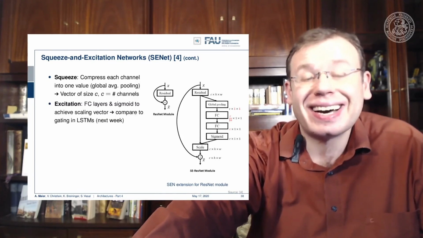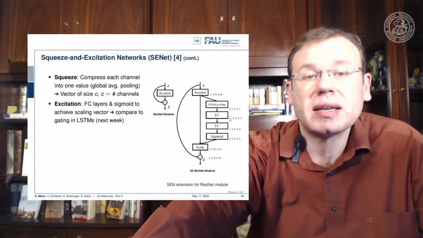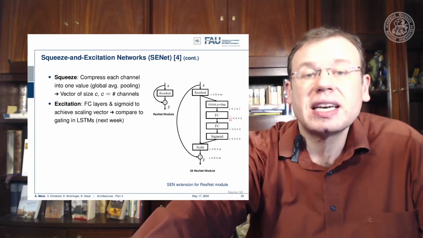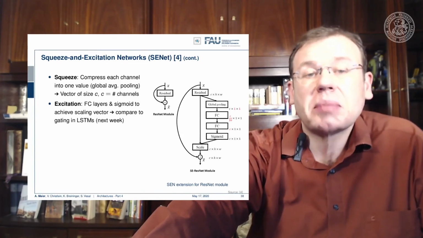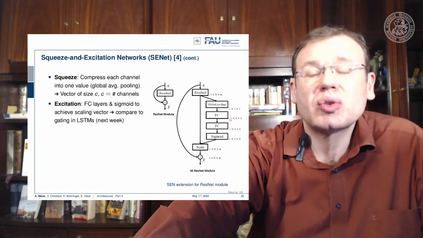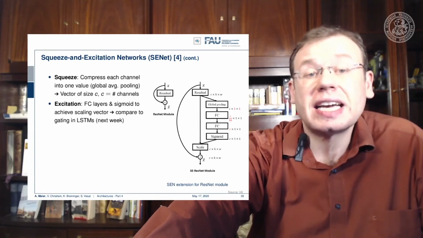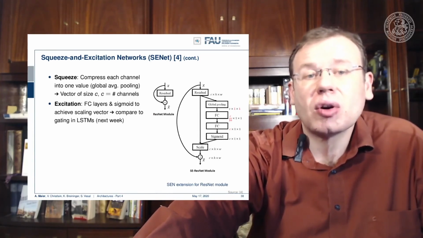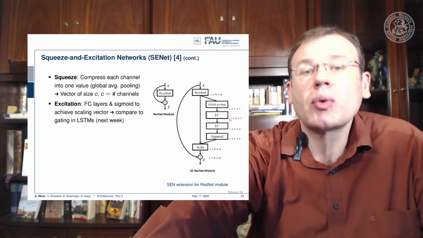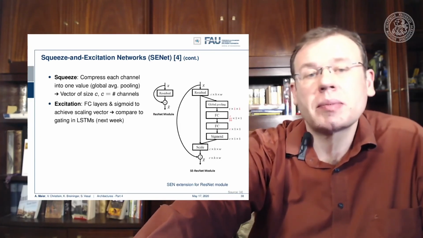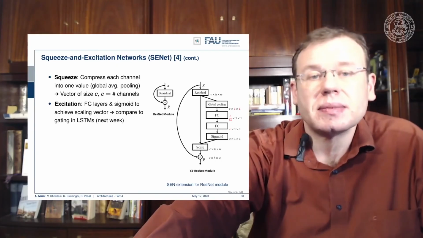And then we excite, where we use fully connected layers and the sigmoid function in order to excite only the important ones. And by the way, this is very similar to what we would be doing in gating in the long short-term memory cells, which we'll talk about probably in one of the videos next week.